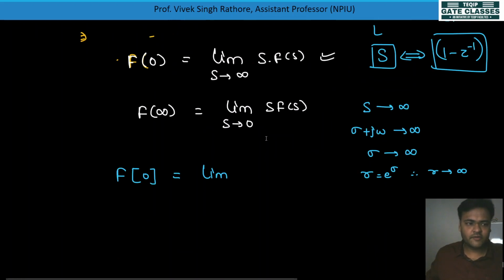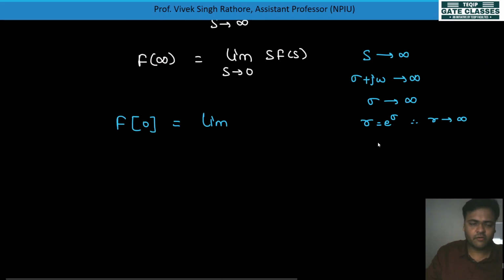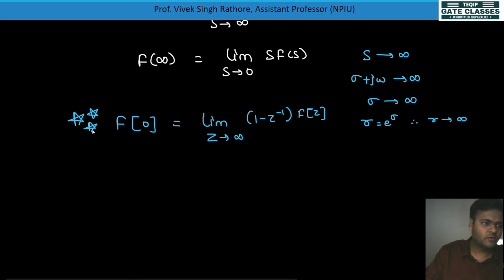If r is tending to infinity, then mod z is tending to infinity. So we can take z tending to infinity. And s into F(s), s is nothing but 1 minus z inverse, into F(z). So this is the initial value theorem in the z transform.